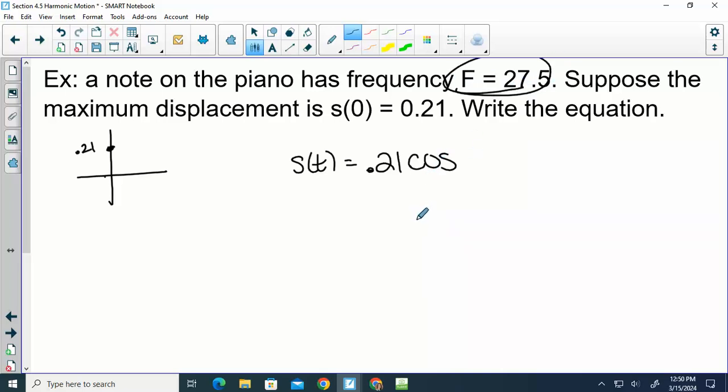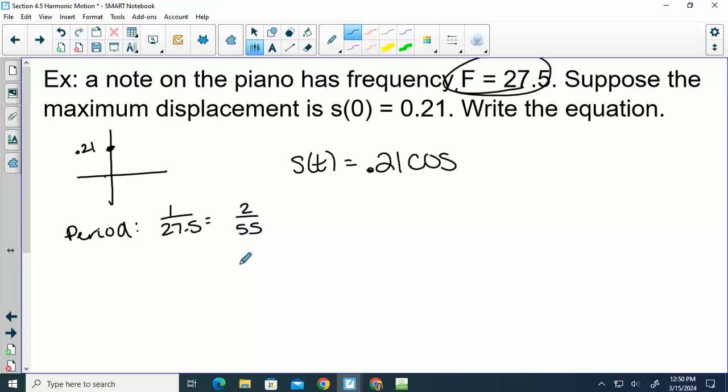Okay, I gave you the frequency. How do we get period? It's the reciprocal. So period is the reciprocal of frequency. So what is 1 over 27.5? If you don't like it written that way, that is 2 over 55.